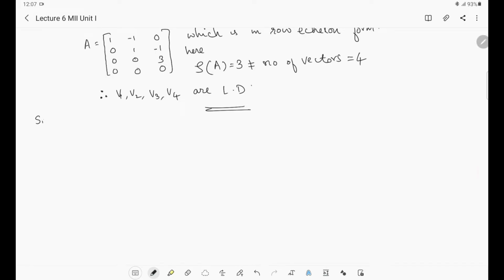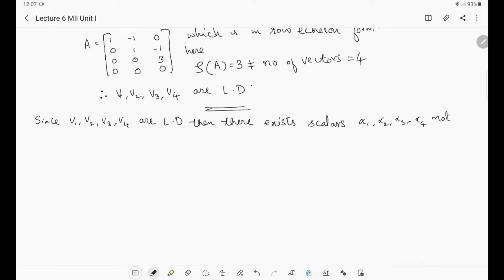Since v1, v2, v3 and v4 are linearly dependent, then there exist scalars alpha 1, alpha 2, alpha 3, alpha 4, not all zeros, such that alpha 1 v1 plus alpha 2 v2 plus alpha 3 v3 plus alpha 4 v4 is equal to 0, right?